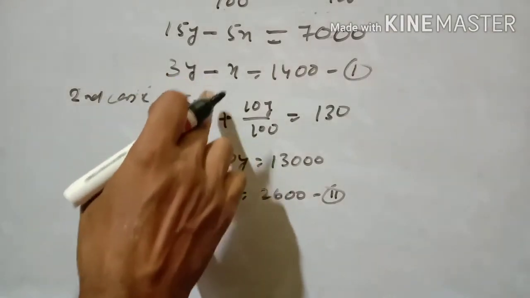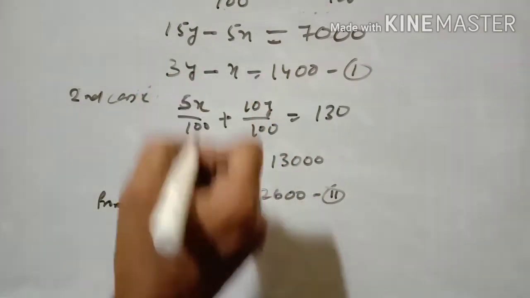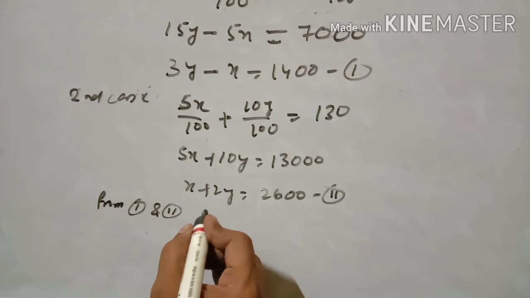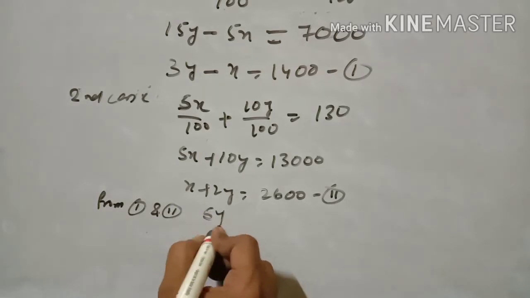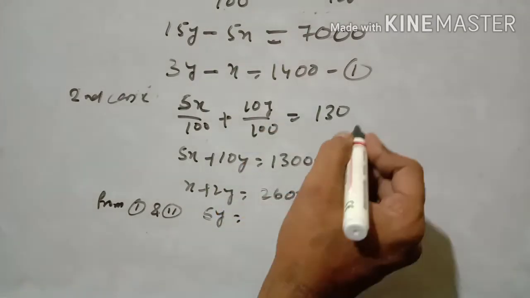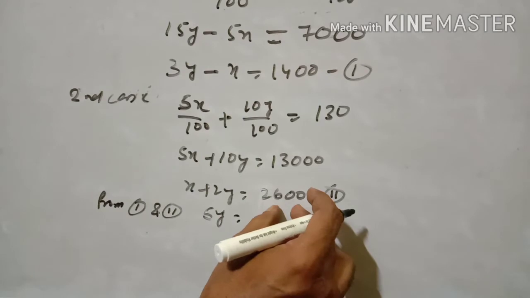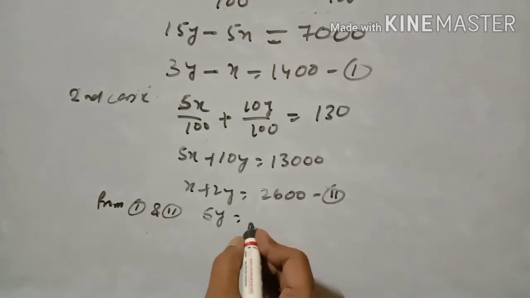From our equation number 1 and equation number 2, x cancels, minus x plus x eliminated, and this will be 3y plus 2y, it will be 5y equal to 1400 plus 2600, it will be 4000.